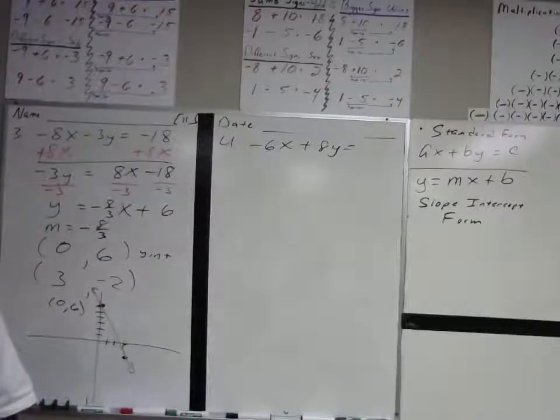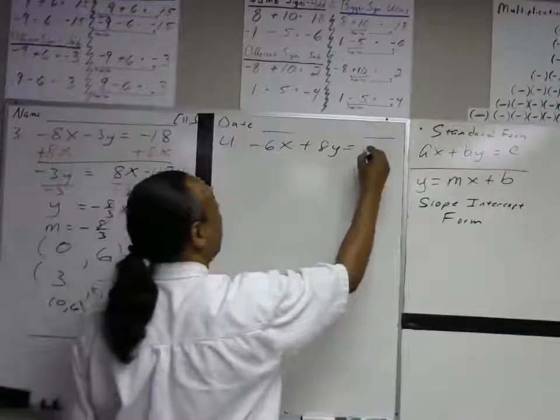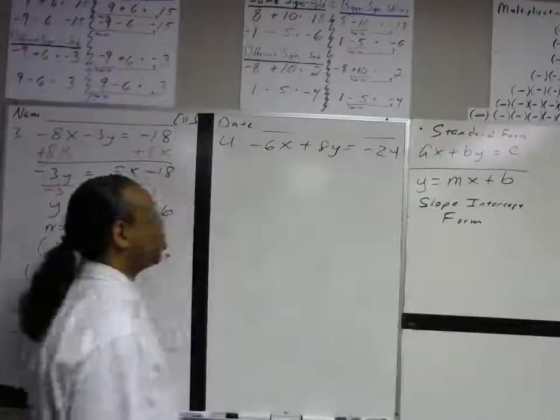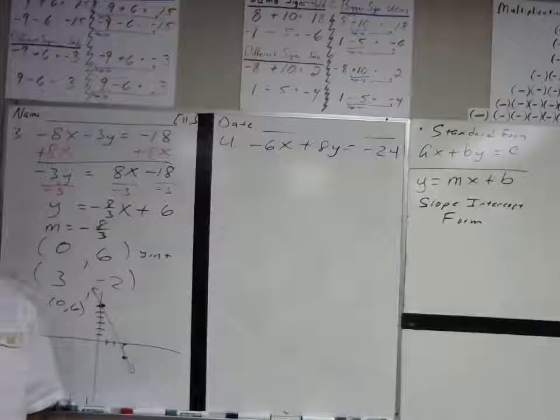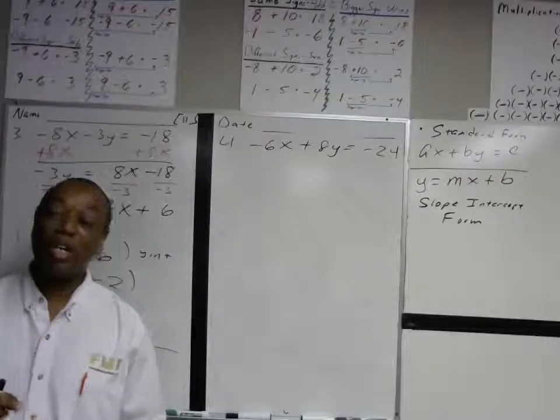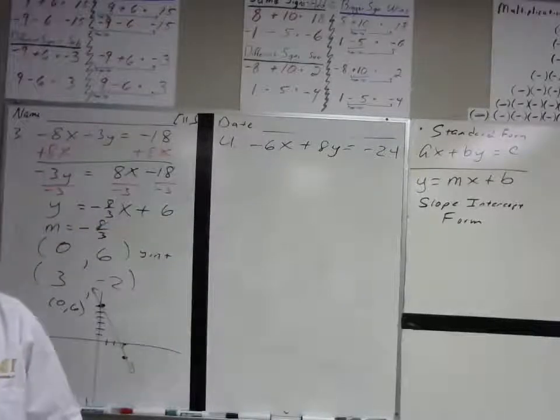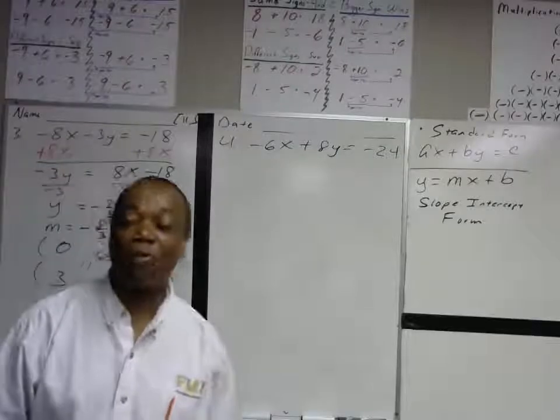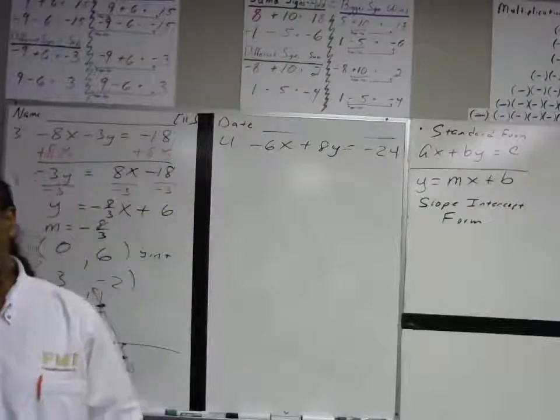All right, last one, number 4. We have -6x plus 8y equals -24. We're going to graph this. We're going to take it out of standard form and put it in slope intercept form by adding 6x to both sides.